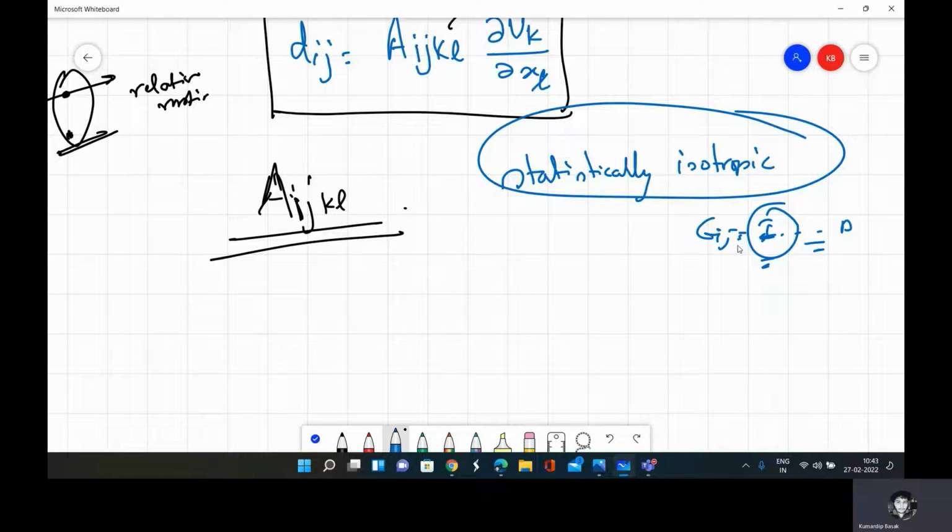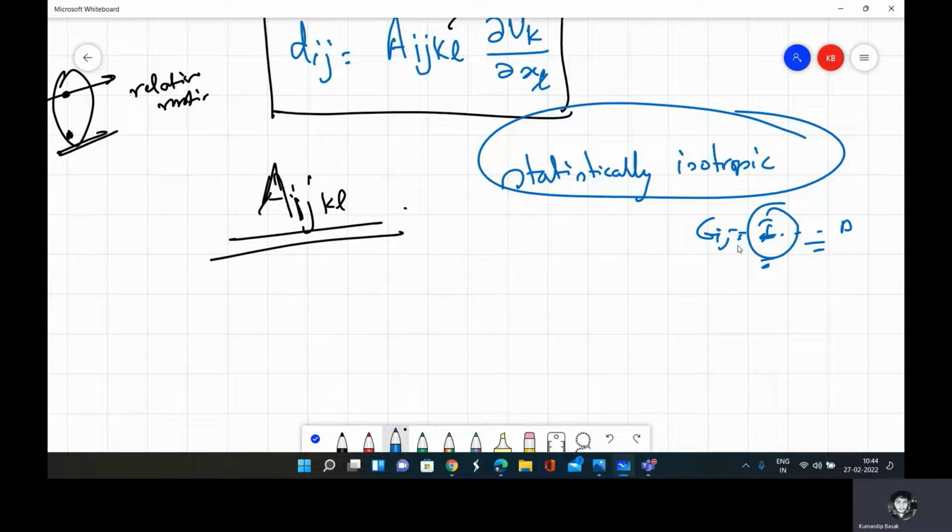It doesn't depend on which direction I am pointing, it is the same in all. From the same analogy, the Aijkl or the Dij, deviatoric part, is direction invariant. That is, the deviatoric shear stress generated in an element by the velocity gradient is independent of the orientation of the element. It can orient in a different direction.